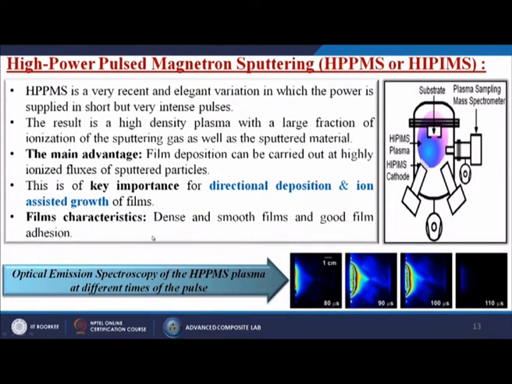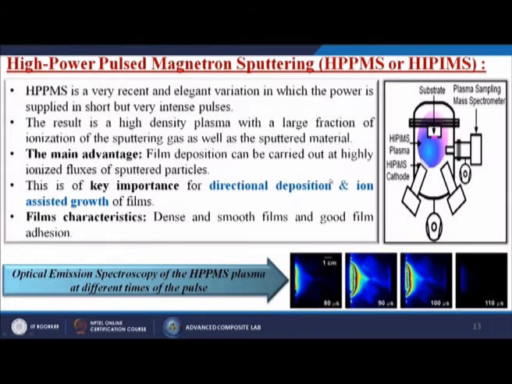So, here we are keeping the substrate, then we are using the plasma, we are having so many cathodes, and then we are introducing the plasma sampling mass spectrometer in this particular case. The film generation will take place at this particular juncture and it will deposit onto the substrate itself.